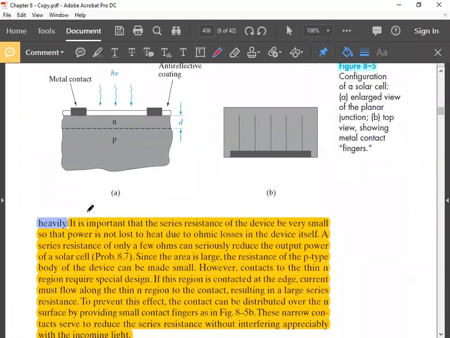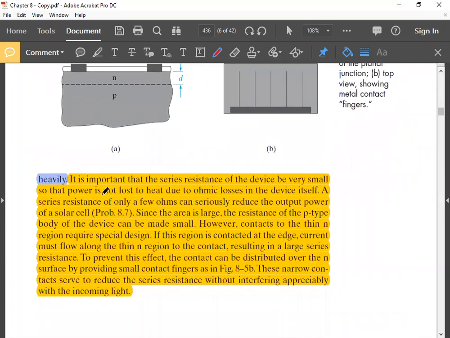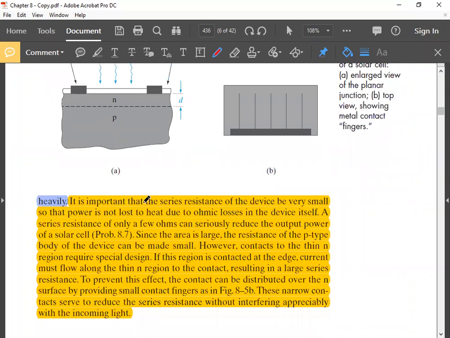The fifth design consideration is regarding the contact resistance. It is important that the series resistance of the device is very small so that the power is not lost to heat due to ohmic losses in the device itself.